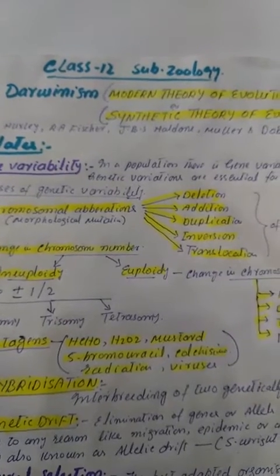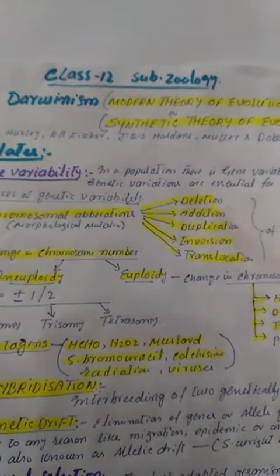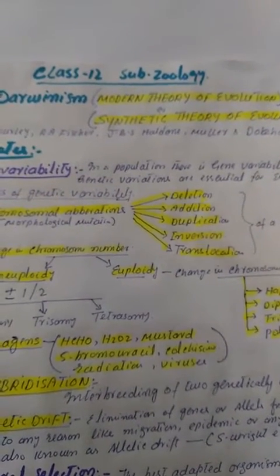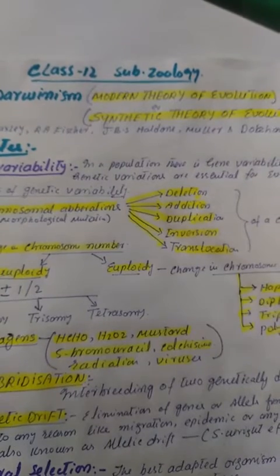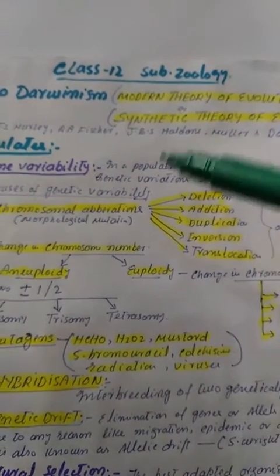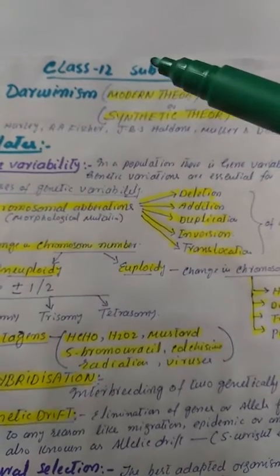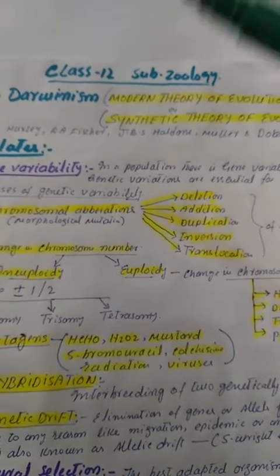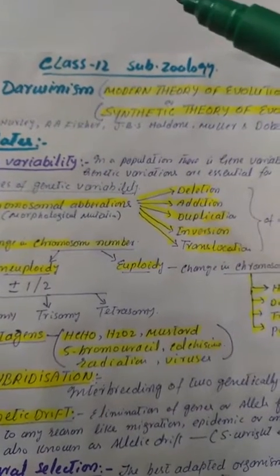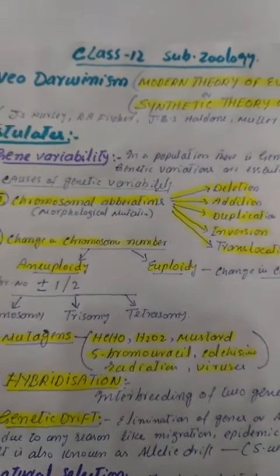According to this theory, evolution can be regarded as the effect of natural selection on the continuous appearance of mutant forms. Therefore, this theory is a modified version of Darwin's theory of natural selection and Hugo de Vries' mutation theory.